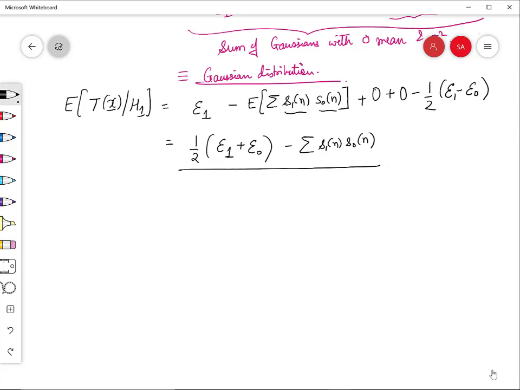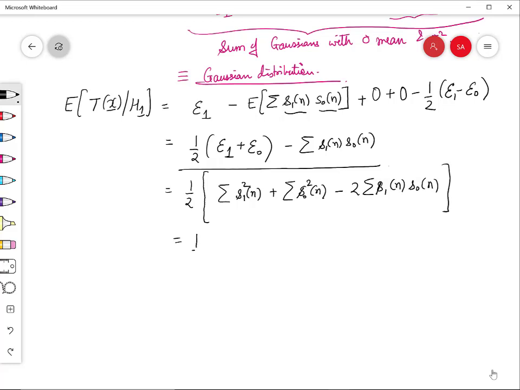We can also expand this, we can write it in another form. So we can write it something like this: half of E1 is what? It is summation S1n square. What is E0? It is summation S0 square n, minus twice of summation S1n S0 of n.